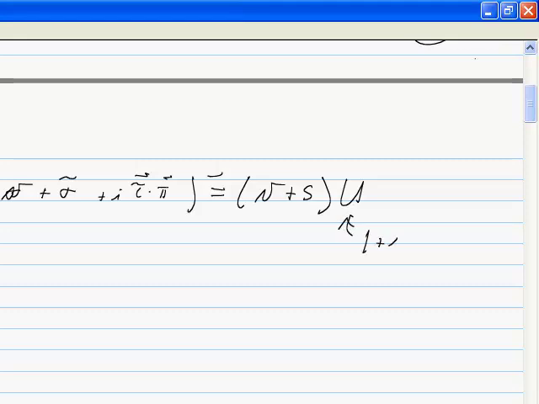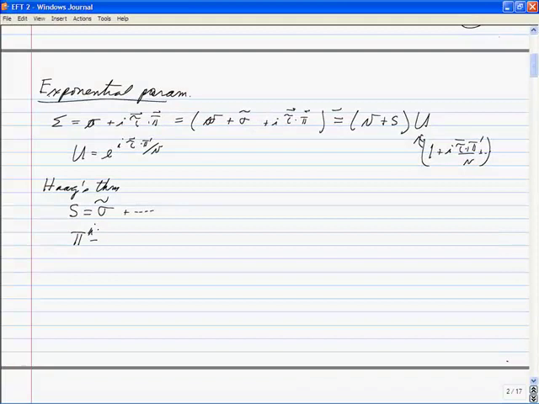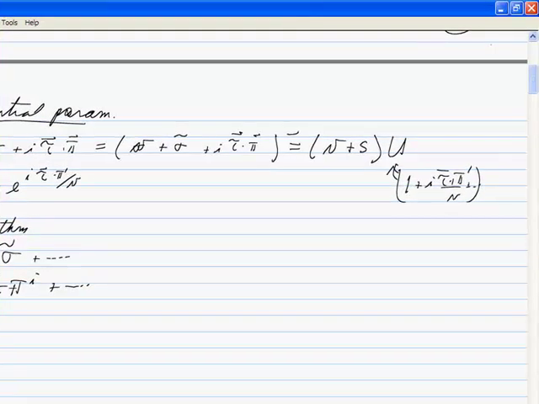Right, this is 1 plus i tau dot pi prime over v plus dot dot dot, and then multiply by this, you see that the first term is the same also, so pi prime is pi plus dot dot dot. So at linear order, they're the same, but then they're not the same after that. But Haag's theorem says that this should be the same physics.